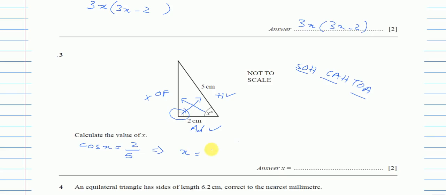So it will be cos inverse 2 over 5, which will be 66.42, and we have to correct our answers for angles to 1 decimal place, so it will be 66.4 to 1 decimal place. Just to look more professional.